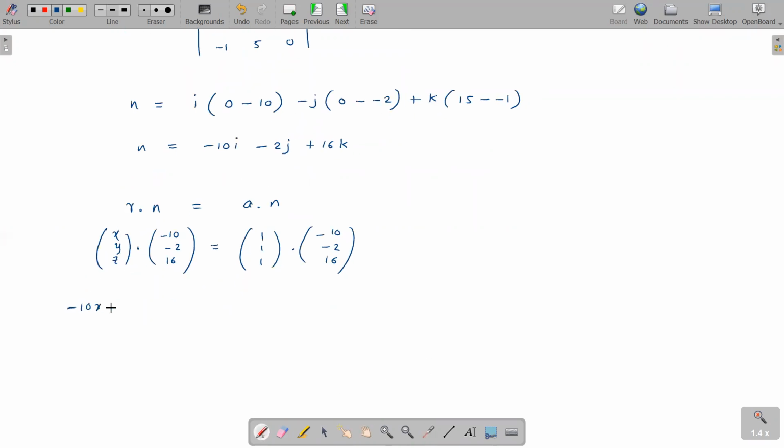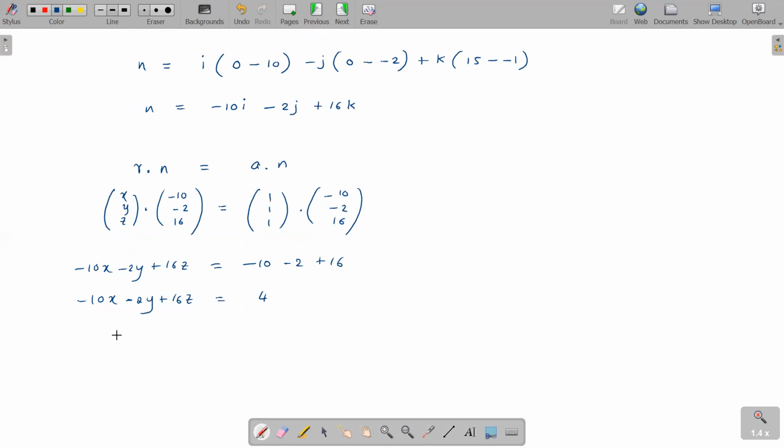So minus 10x minus 2y plus 16z equals minus 10 minus 2 plus 16, minus 12 plus 16 is 4. So I think everything is divisible by 2.